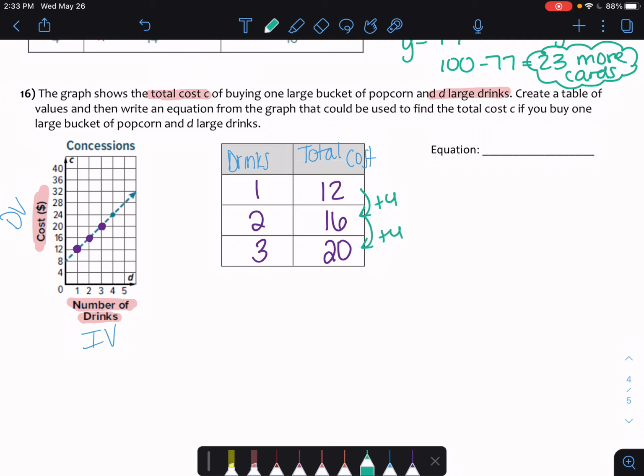So I'm going to start with y equals 4x or C equals 4D, whichever you prefer. And then I'm going to check, so y equals 4 times 1. Well, 4 times 1 is 4, but if I add 8, I get to 12. So my equation for this one is C equals 4D plus 8, or y equals 4x plus 8 if you prefer x and y.